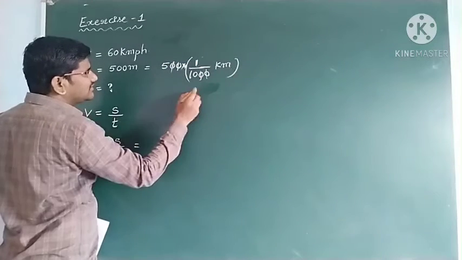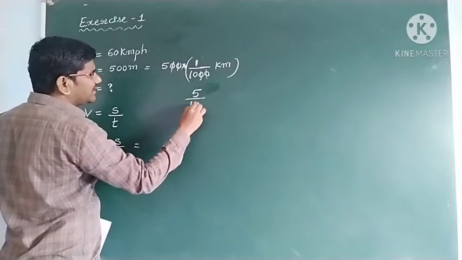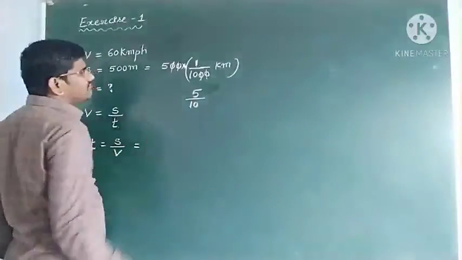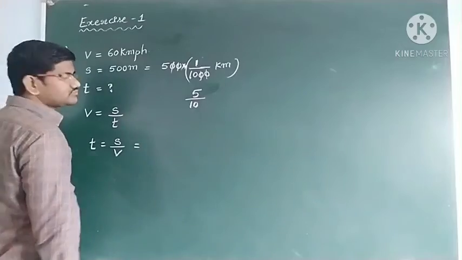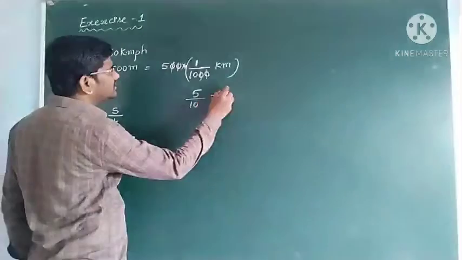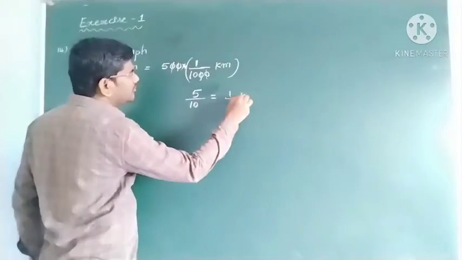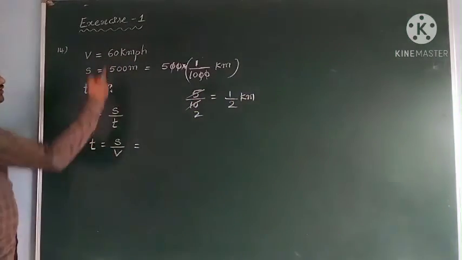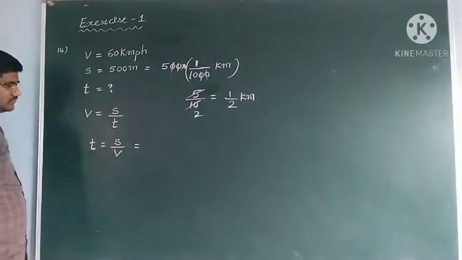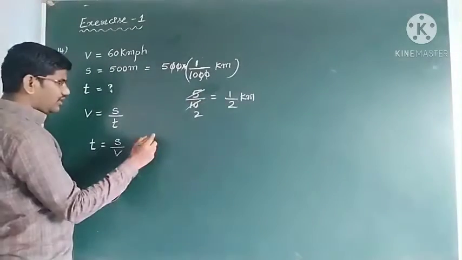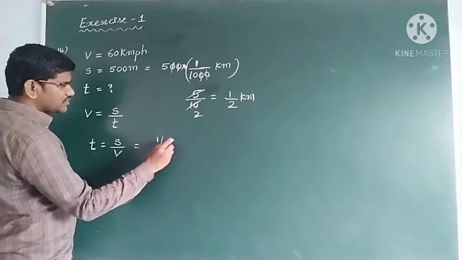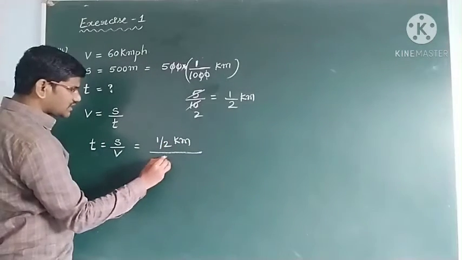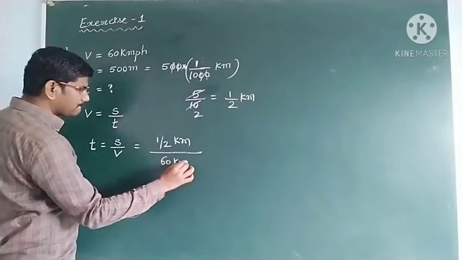Then you will get 5/10, that is 1/2 kilometers. So distance is half kilometer and speed is also in kilometer per hour, kmph.